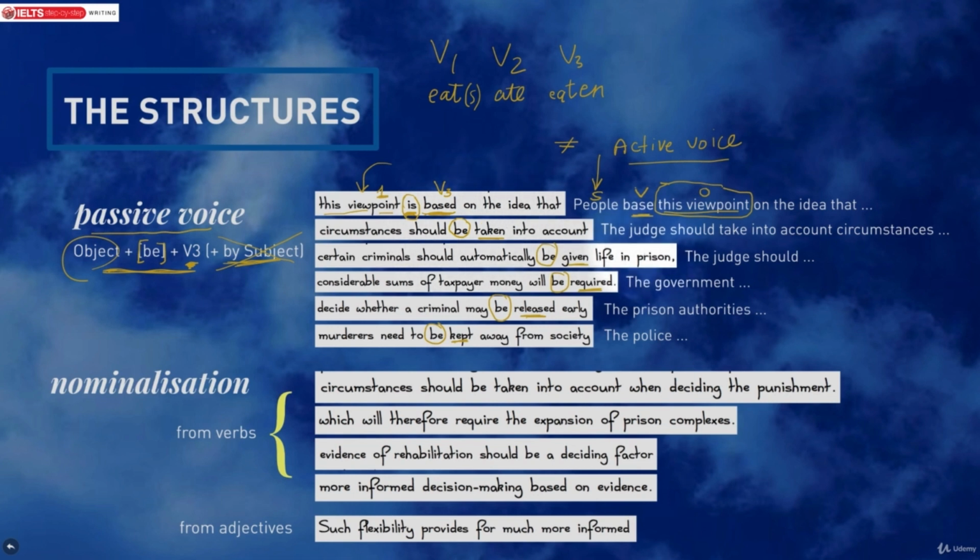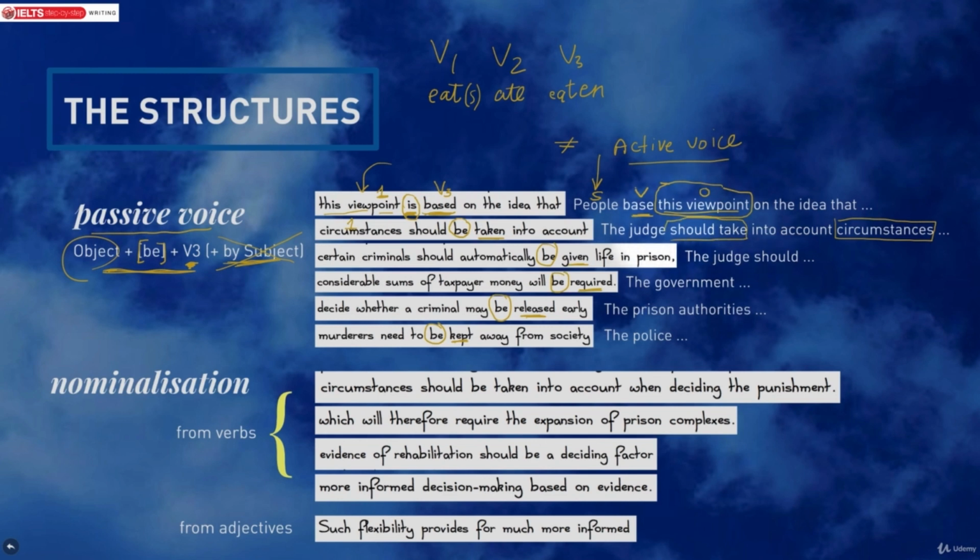All right, so let's have a look at the way they are formed in this case. Have a look here. So the judge should take into account circumstances, blah, blah, blah, blah. So we've taken circumstances, which is the object of the sentence, and we've made it into position number 1. And then what I can see is the word should take.